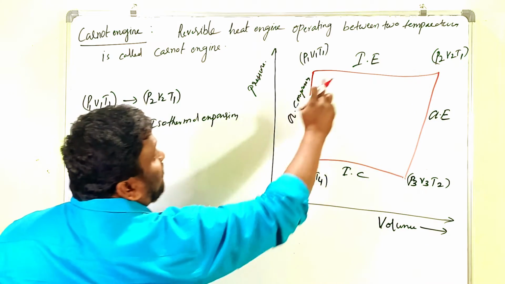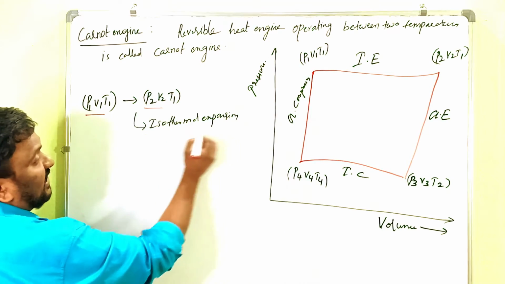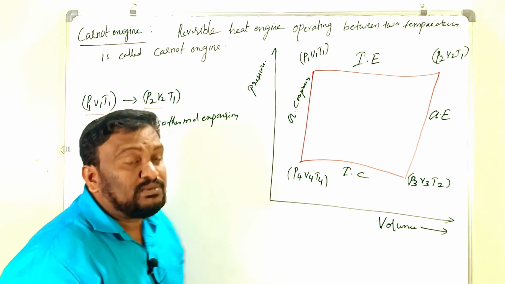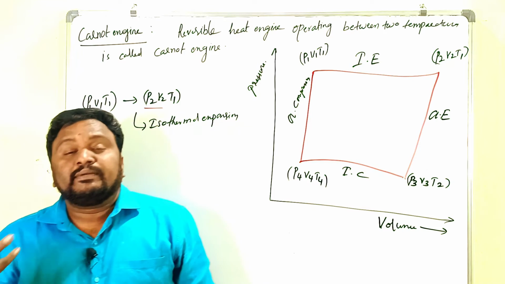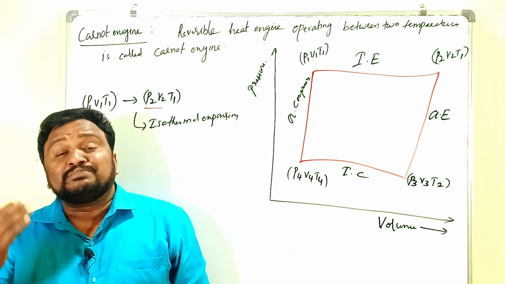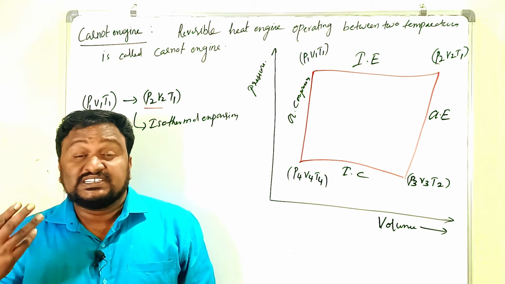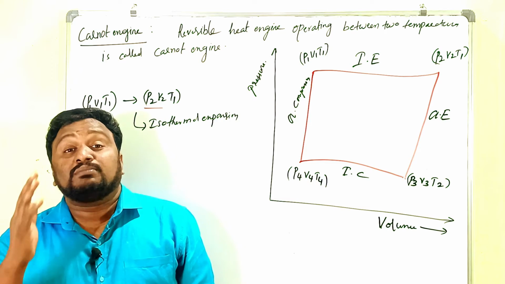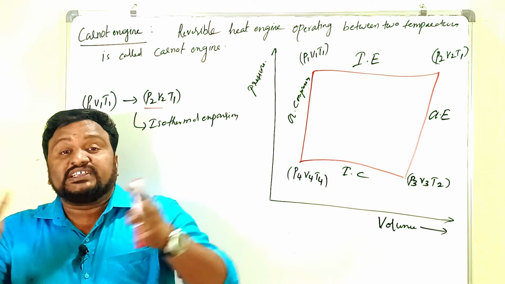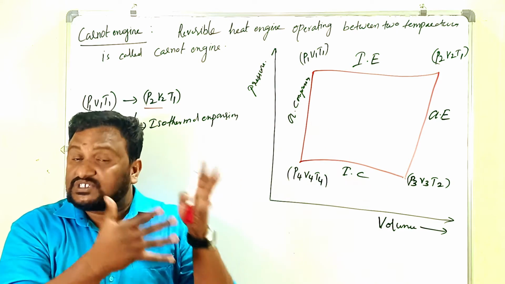So P1 V1 T1 to P2 V2 T1 is isothermal expansion. What is meant by isothermal process? The process in which temperature remains constant even though pressure and volume change is what we call isothermal process. If the gas expands, that is isothermal expansion.